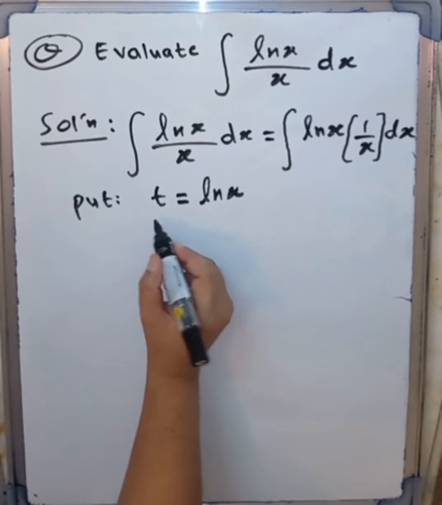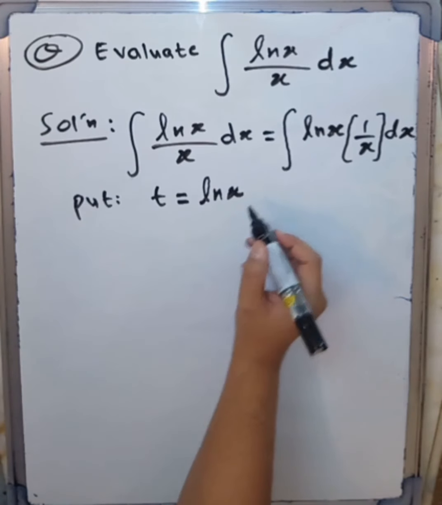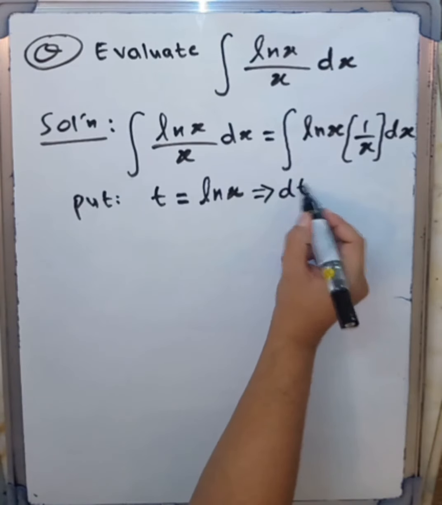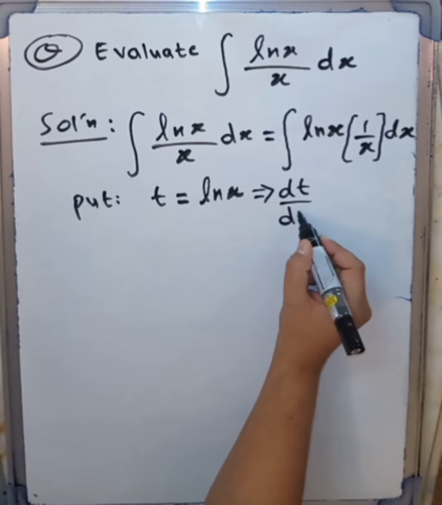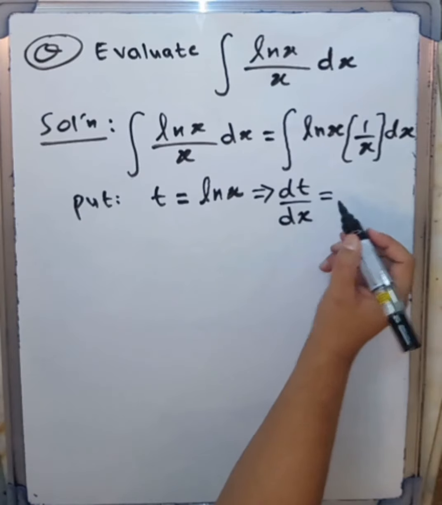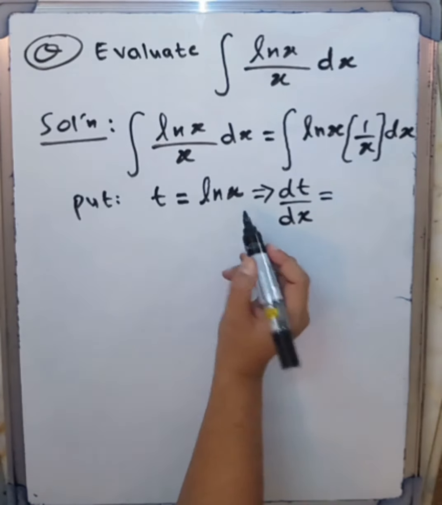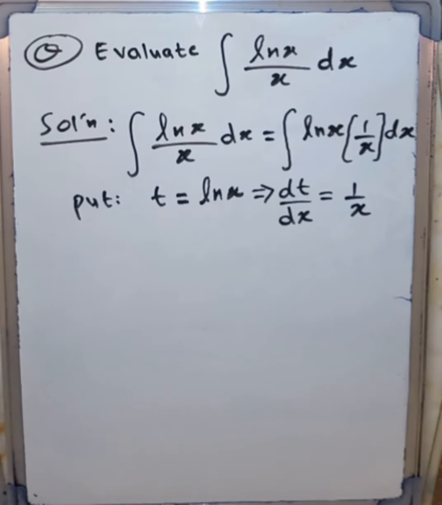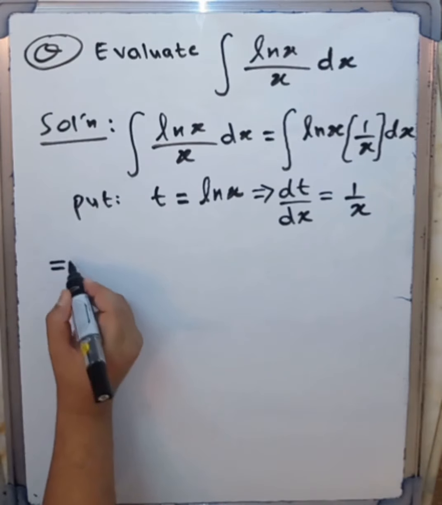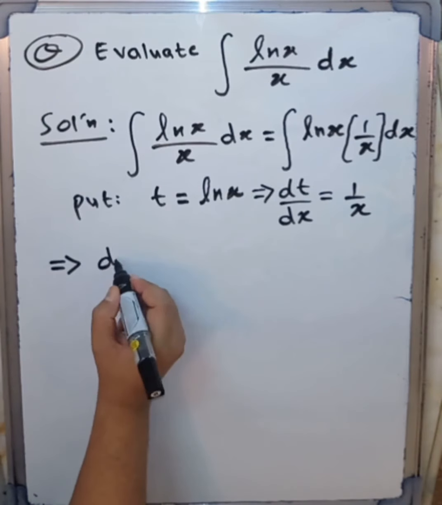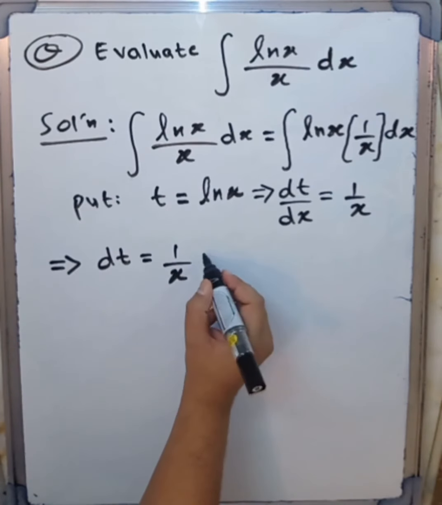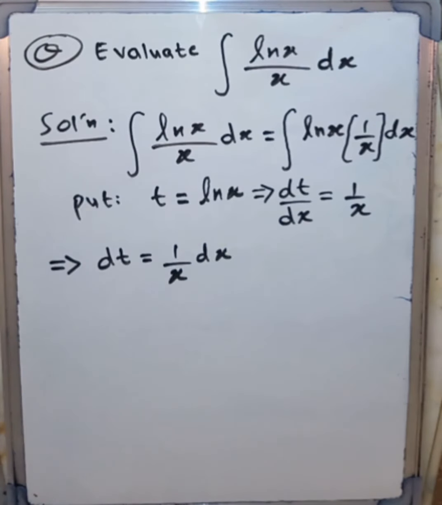Now t is a function of x, therefore we can calculate dt by dx, and the derivative of ln x with respect to x will be 1 over x. And this we can write as dt is equal to 1 by x dx.